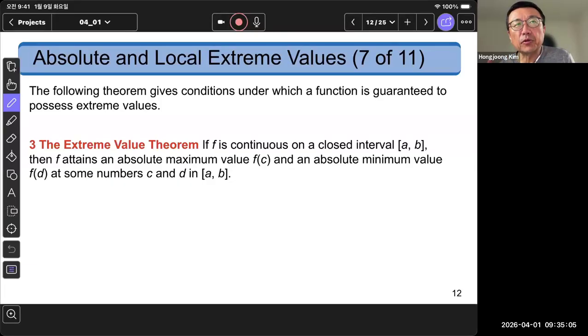We will consider a few theorems regarding these extreme values.